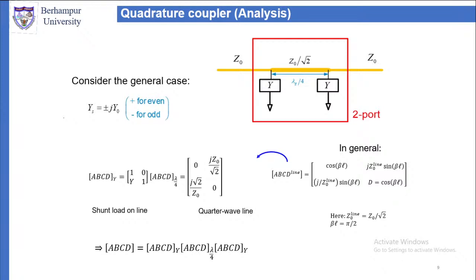Then we have a transmission line whose characteristic impedance is Z0 by root 2 and whose length is lambda g by 4.